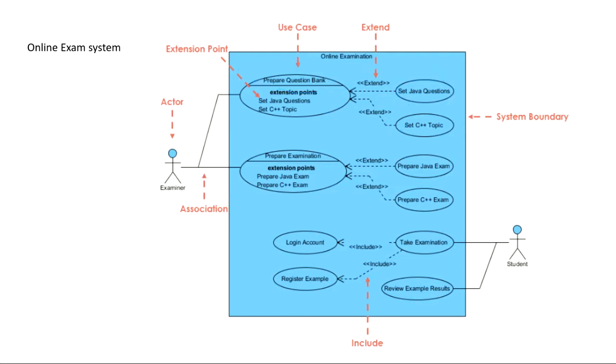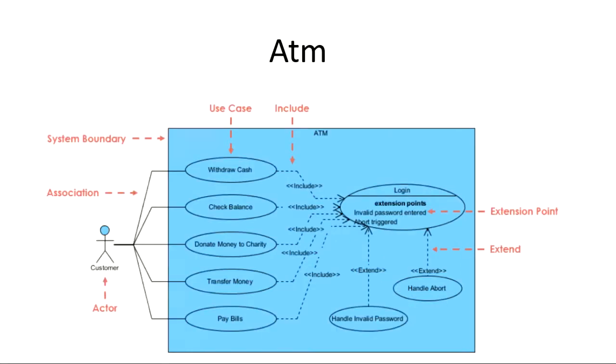If you see this diagram, in this diagram also, first with the ATM machine, the most important thing is the cash withdrawal. So the withdraw cash use case is kept on the top. Then the next important thing is check balance. And more than importance, it is the sequence that is to be followed.